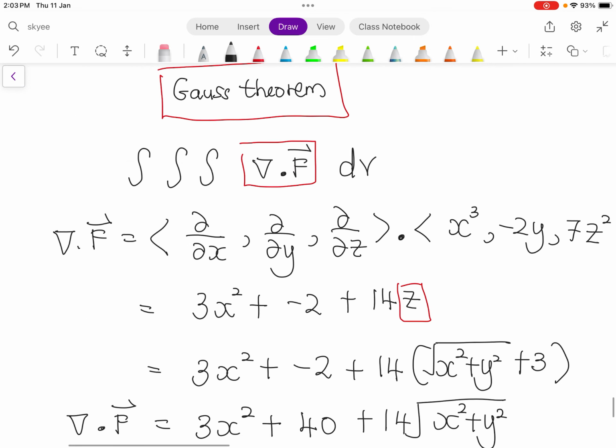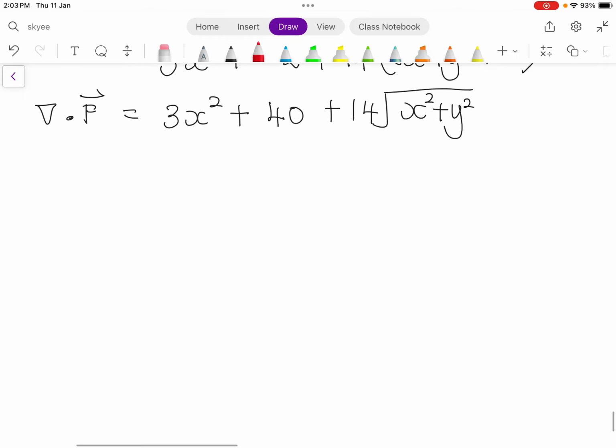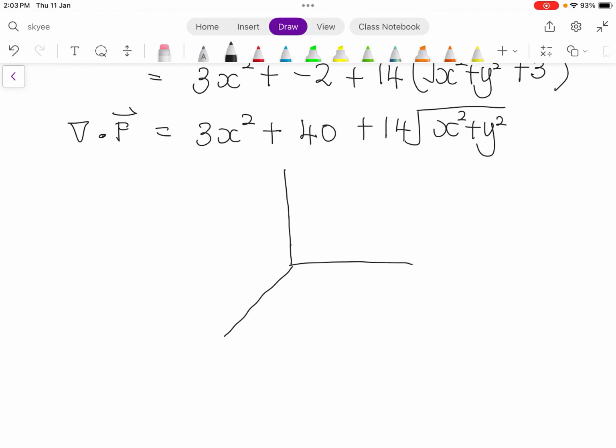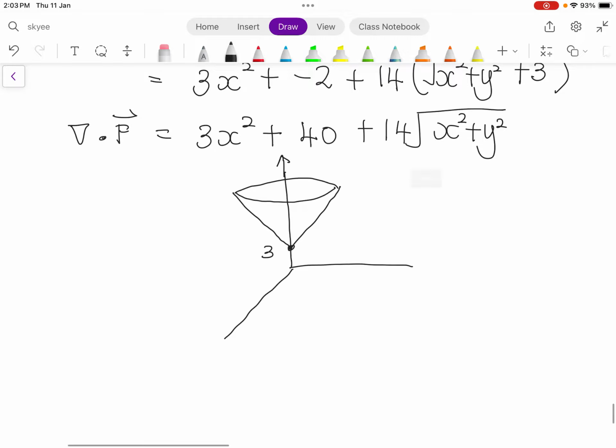Now we need to define the dV. dV is a volume, so you need to look at the volume of this cone. We draw this cone, something like this, with 3 here.